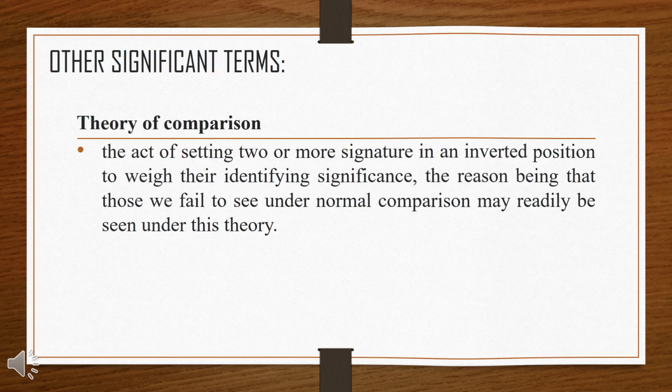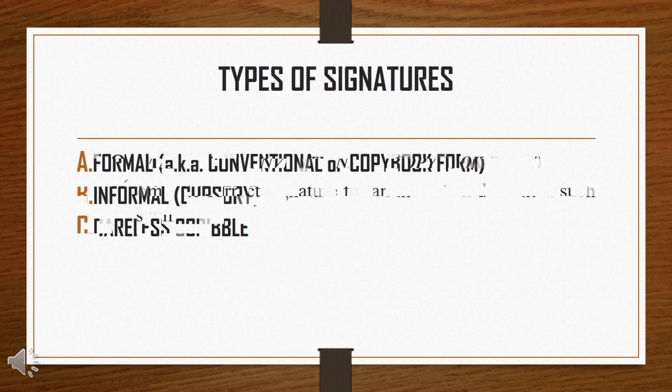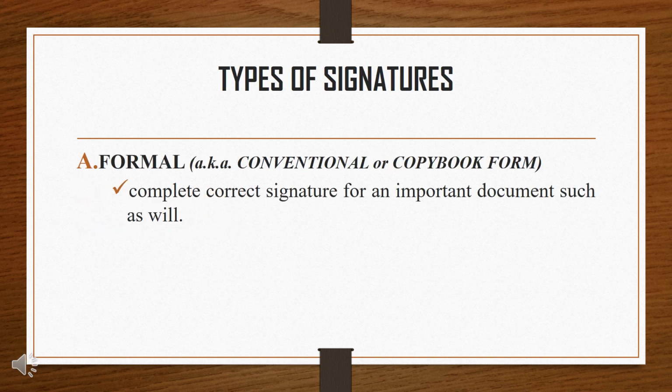Types of signatures: formal, also known as conventional or copybook form, informal or cursory, and careless scribble. Formal, also known as conventional or copybook form: a complete, correct signature for an important document such as a will.